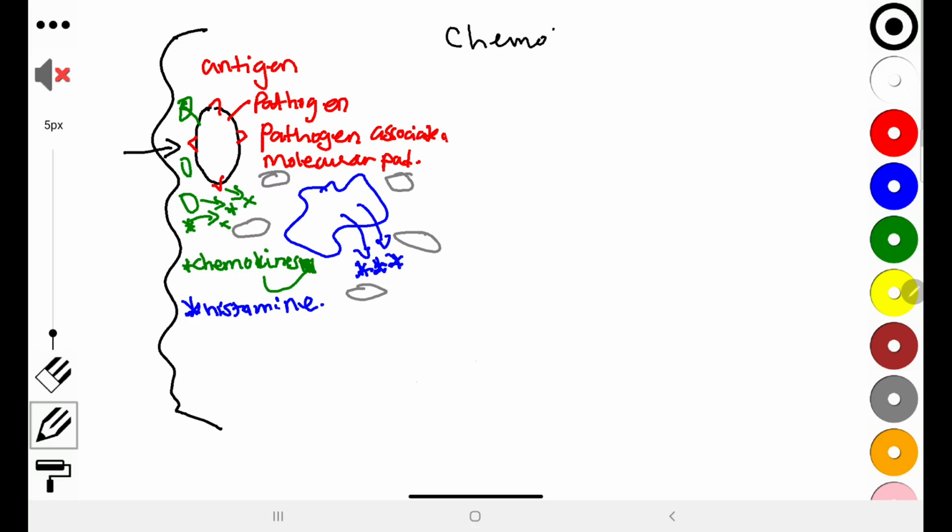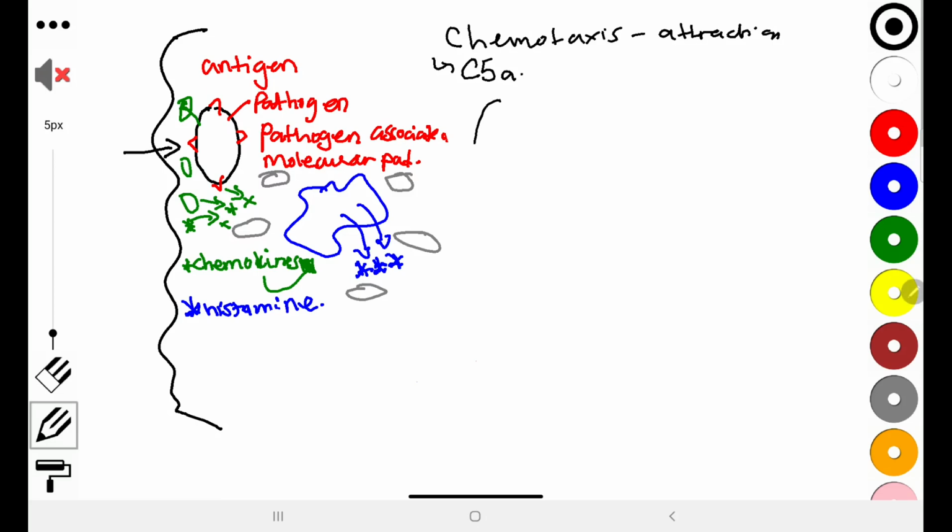So chemotaxis is the attraction of the pathogen to the phagocyte. How does this happen? The chemotactic property is C5a. This is what makes it possible for the pathogen to be attracted to the phagocyte. All right, what's the next thing?